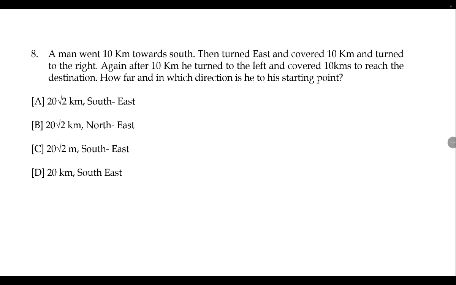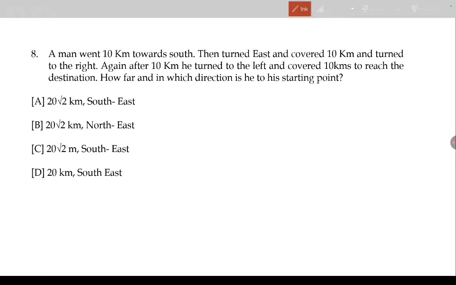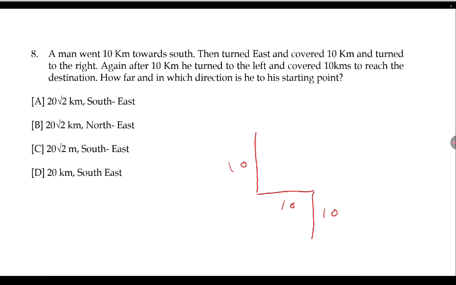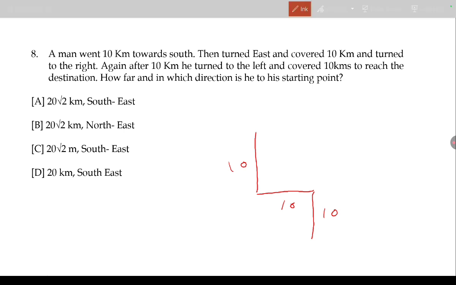Like in this question, a man went 10 kilometers towards the south. Then he turned towards the east and covered 10 kilometers, turned to his right and again 10 kilometers, turned to his left, and turned to his left again, and covered 10 kilometers to reach the destination.